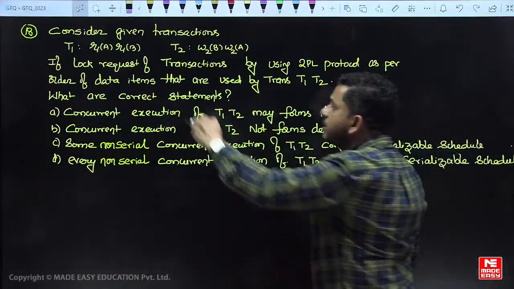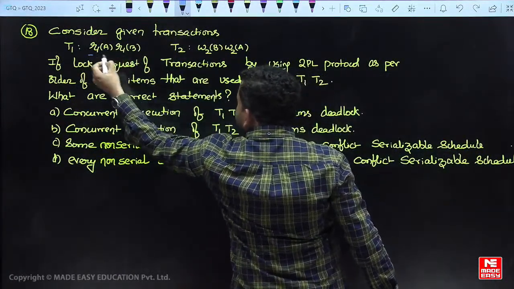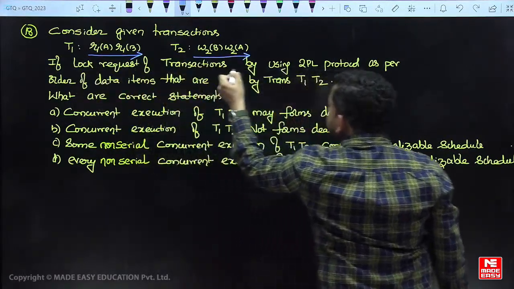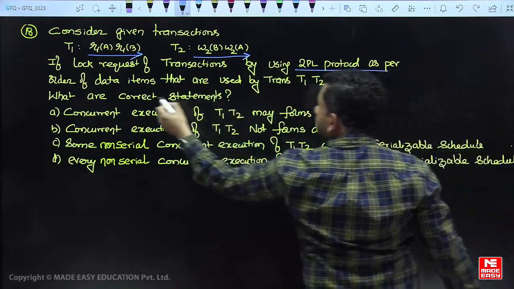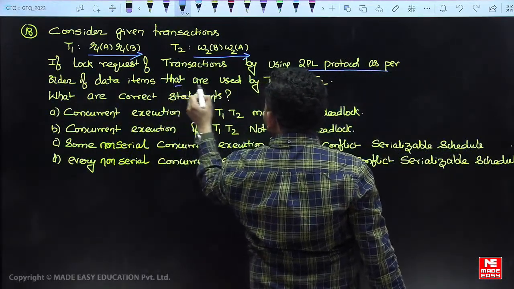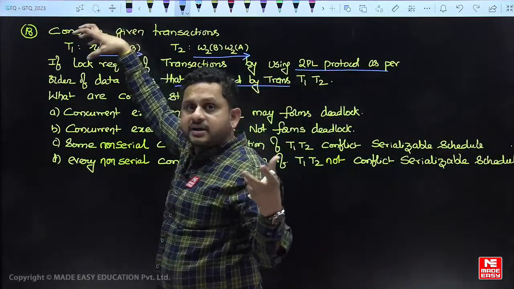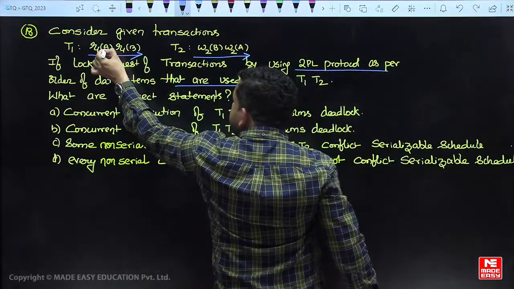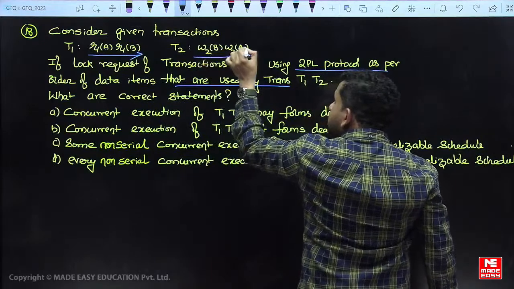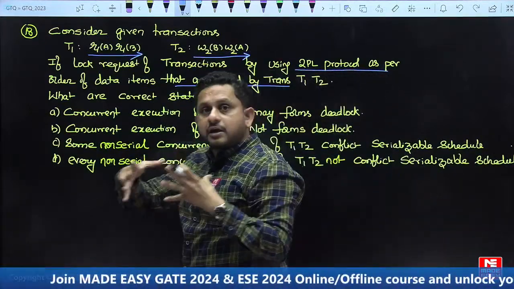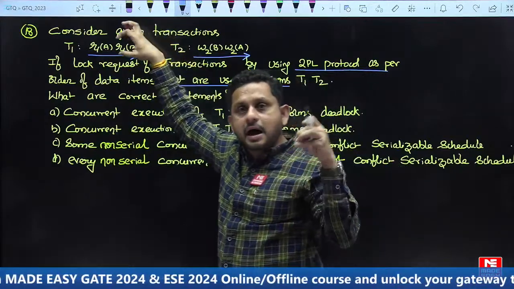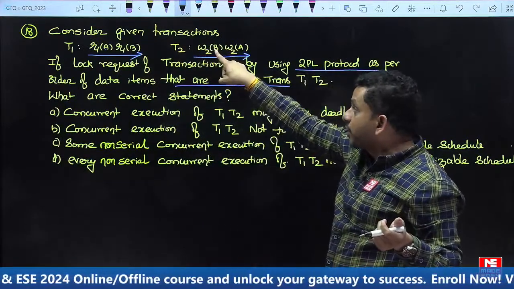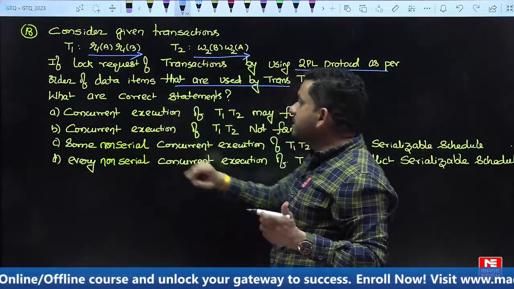Similar to the previous pattern: T1 reads A, reads B, and T2 writes B and writes A. If lock requests of transactions by 2PL are not as per the order of data item addresses but as per the order used by the transaction, then T1 locks A then B, and T2 locks B then A. Which of the following statements are correct?